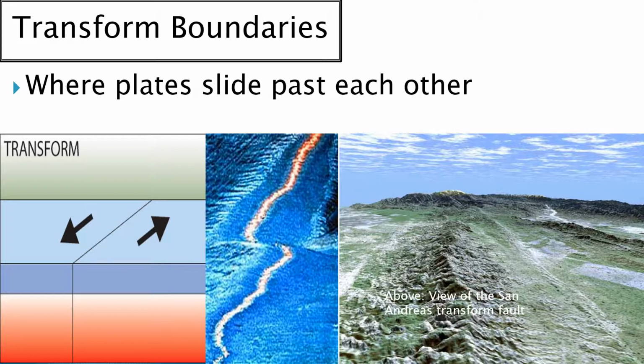Transform boundaries are areas where plates slide past each other. The San Andreas Fault, which we can see a view of right there, is adjacent to the city of San Francisco and is a great example of a transform boundary between the Pacific Plate and the North American Plate.